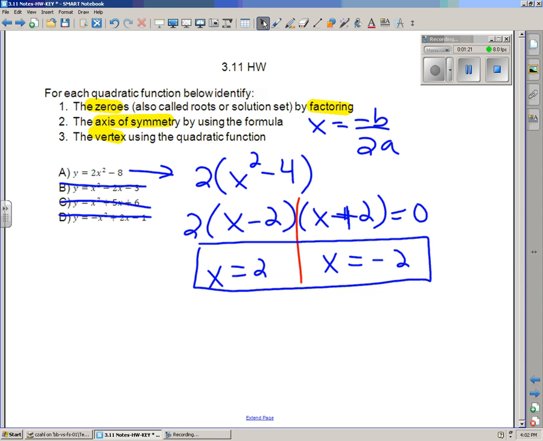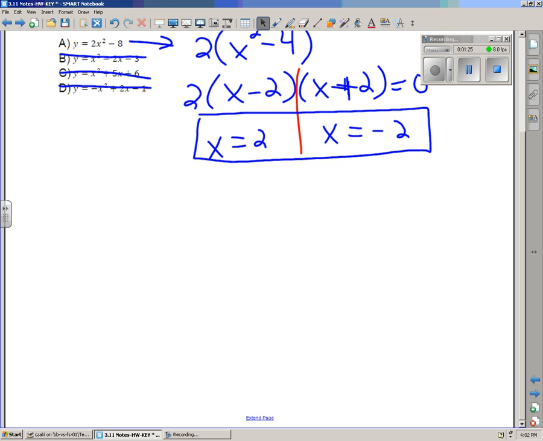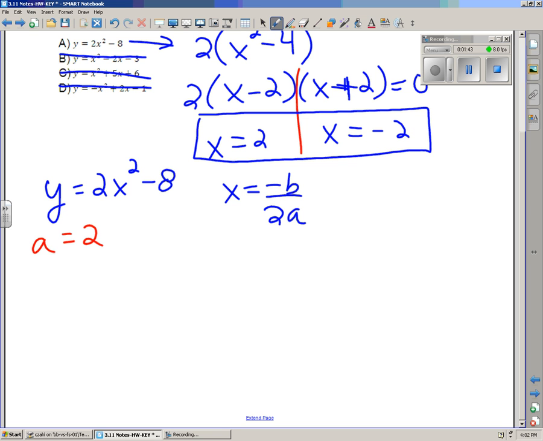The second part says you need to be able to find the axis of symmetry. The equation is y equals 2x squared minus 8. The axis of symmetry is the formula x equals negative b over 2a. Remember, this all comes from a quadratic equation where y equals ax squared plus bx plus c. Here, a is the number attached to x squared, which is 2, and b doesn't even exist.